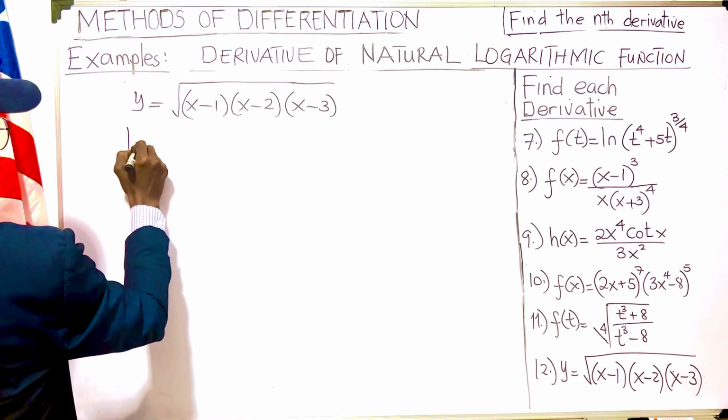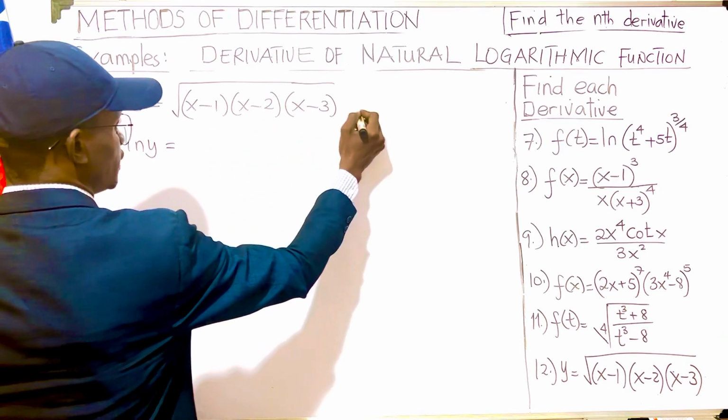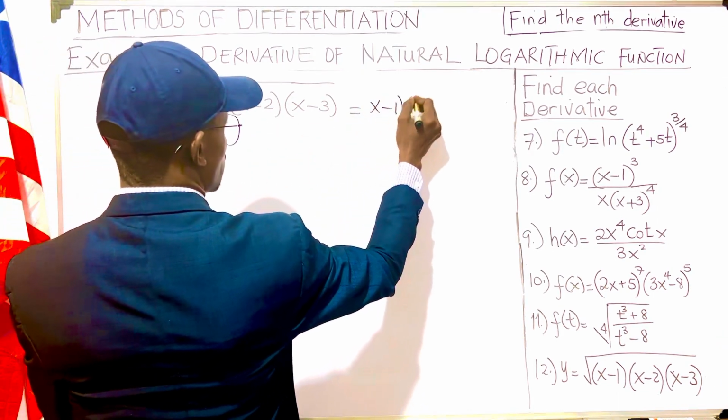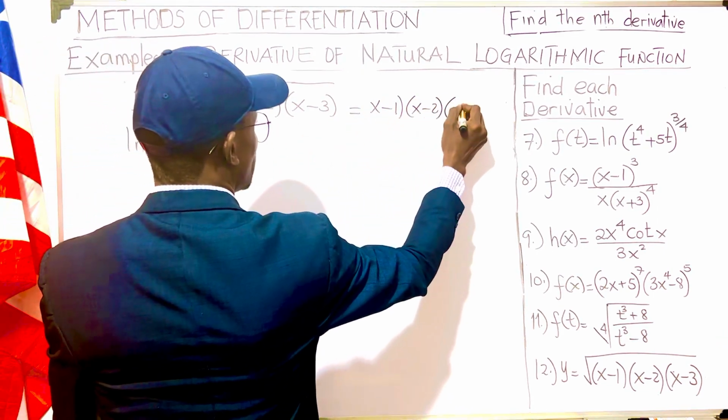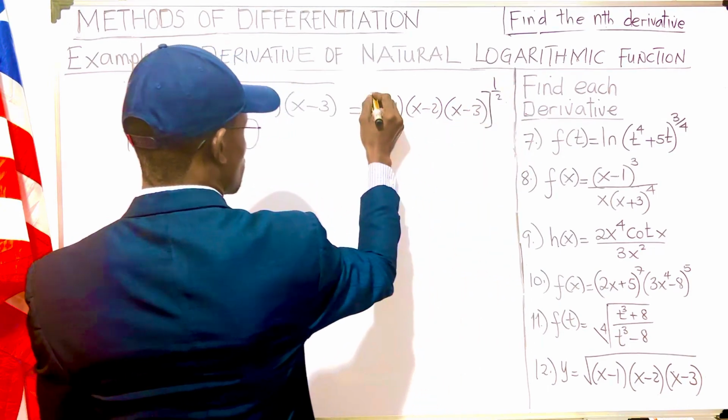So again, we take the ln of both sides, ln of y, and the ln of this. But remember that this is x minus 1, x minus 2, and x minus 3, all raised to the power 1 over 2 because of the square root.